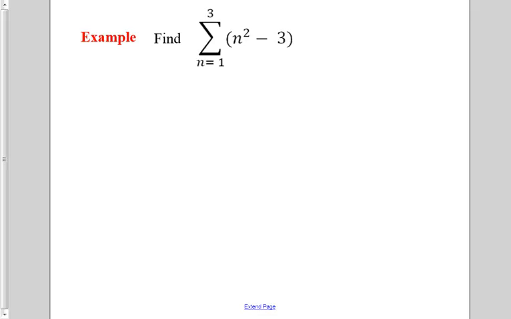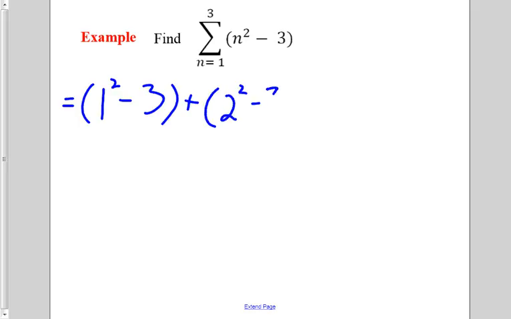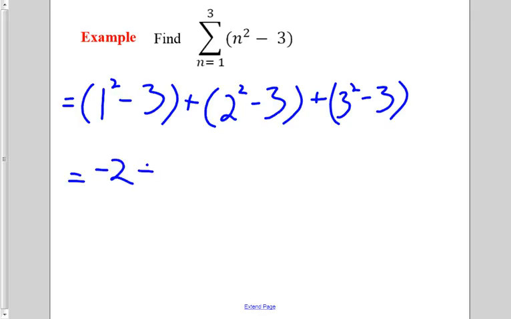So when n is equal to 1, 1 squared minus 3, we need to add on to that when n is equal to 2, so 2 squared minus 3, and finally add on when n is equal to 3, 3 squared minus 3. This would then be negative 2 plus 1 plus 6, and we'd find our answer to be 5.